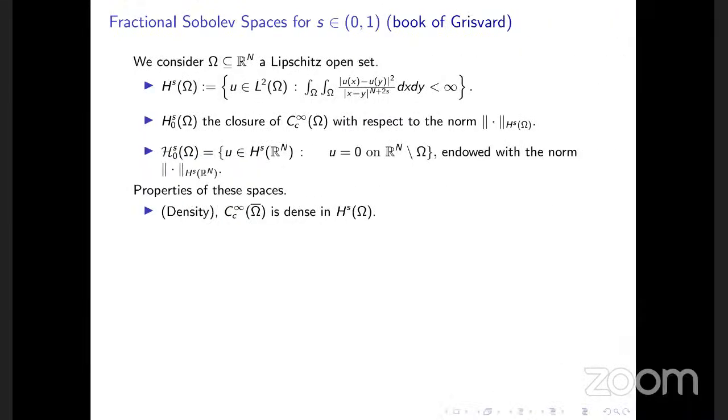Another interesting space is the calligraphic H^s_0(Ω), which is the space of functions u in H^s(R^n) such that u is 0 in the exterior of Ω.